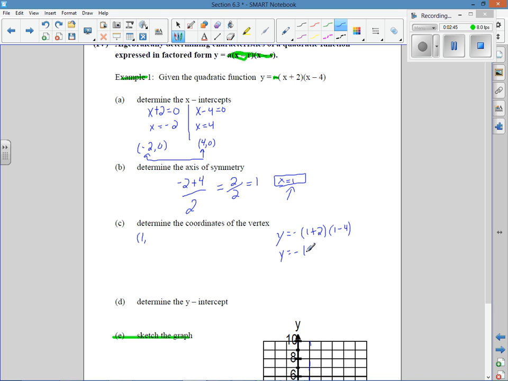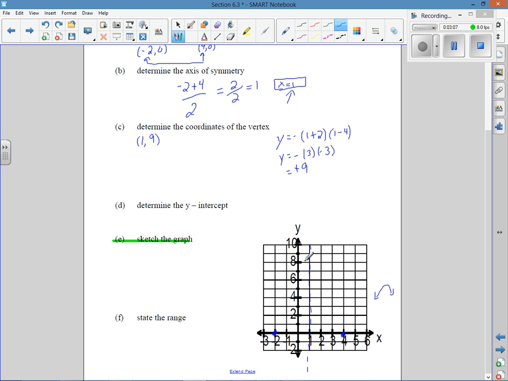Negative 3 times negative 3, negative times the negative is going to give us a positive. 3 times 3 is 9. So coordinates of the vertex are 1 and 9.